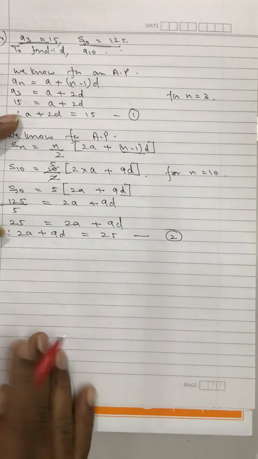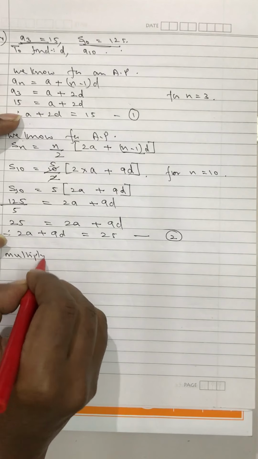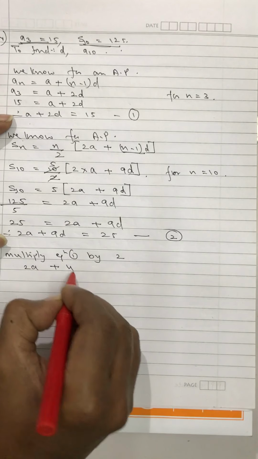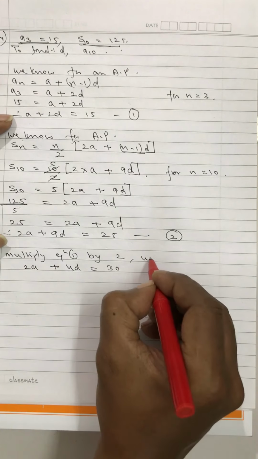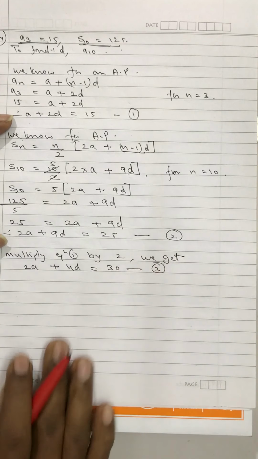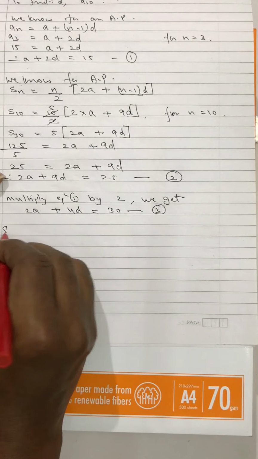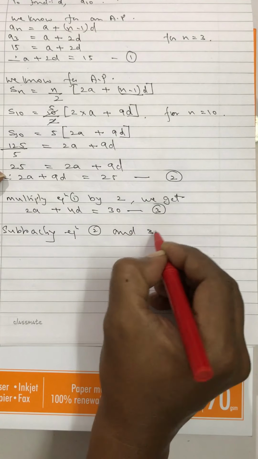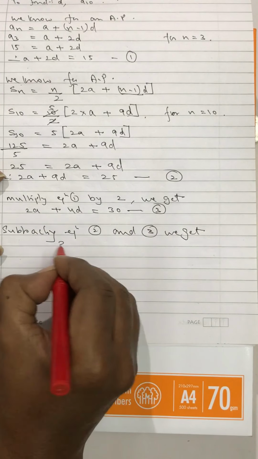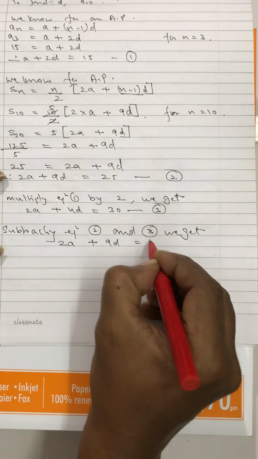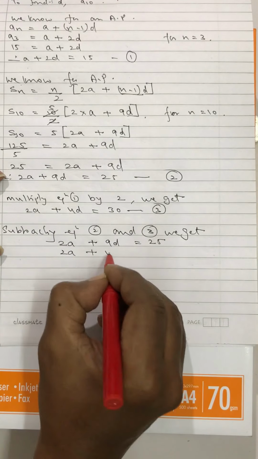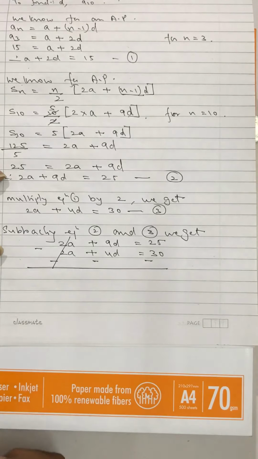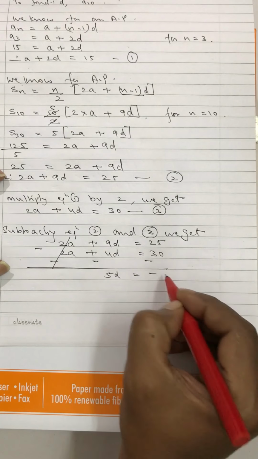So now you have got two equations, so you will solve this. Now subtracting equation 2 and 3: -90 minus 4d will give you 5d. 25 minus 30 will give you -5.